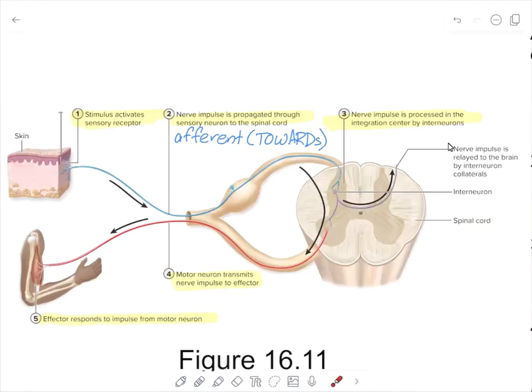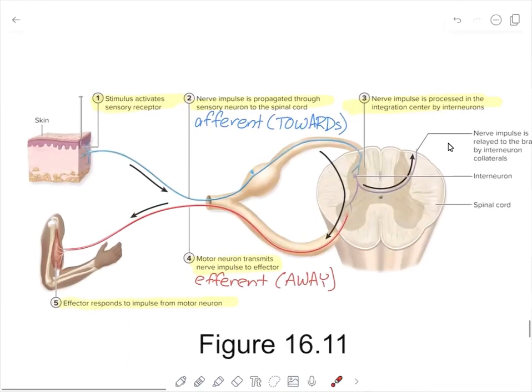In this case, there's a motor neuron that transmits that nerve impulse to the effector. And so this would be the efferent pathway, which means that it goes away from the central nervous system to the effector. And that effector in this case is a muscle, but it could also be a gland.